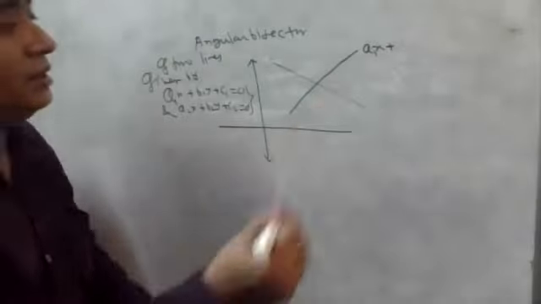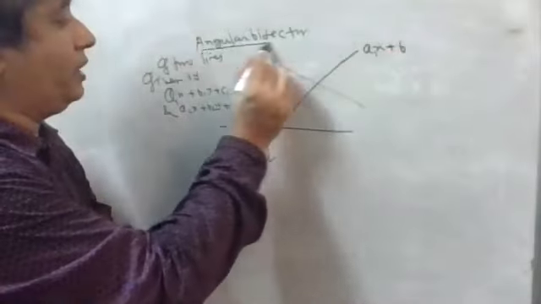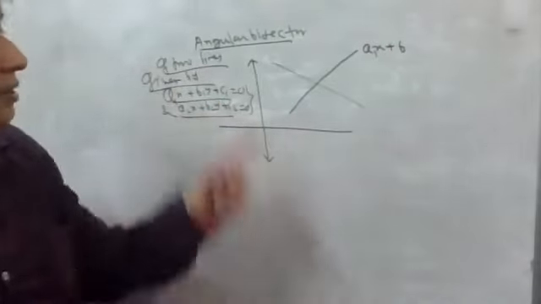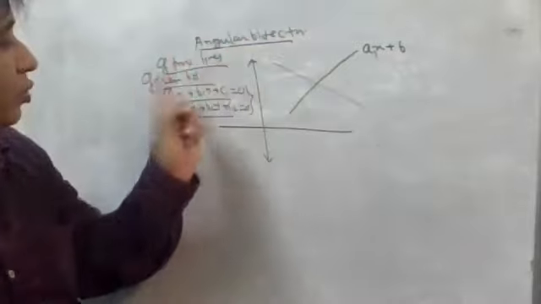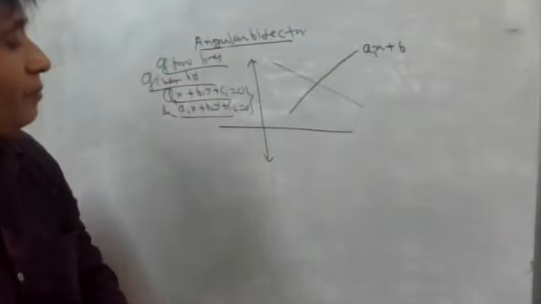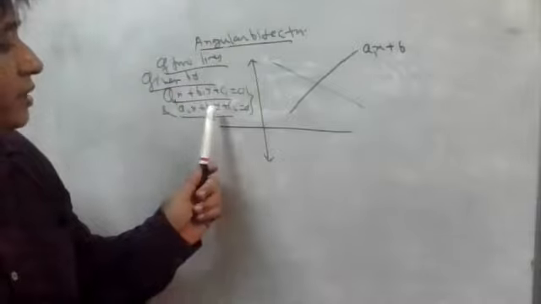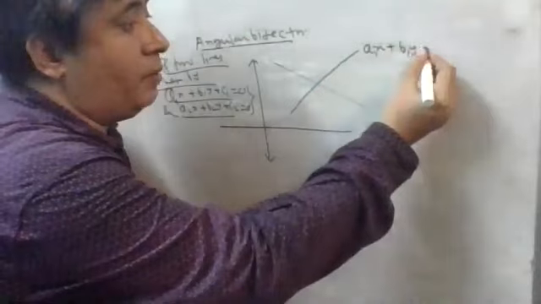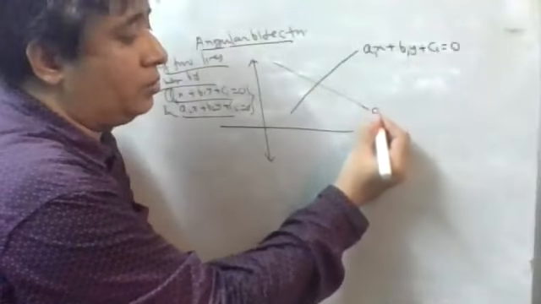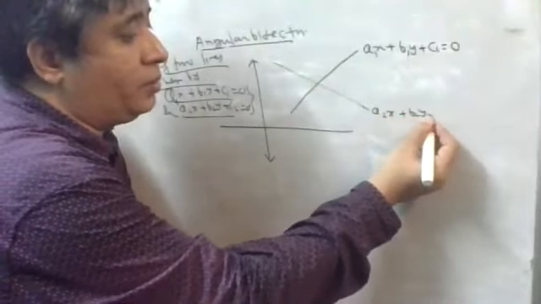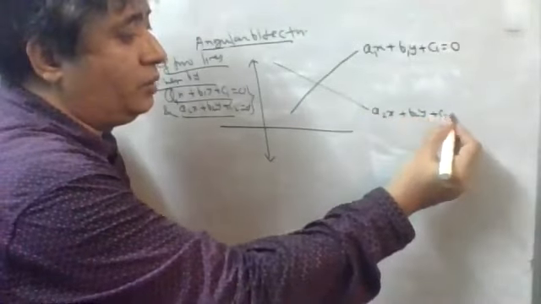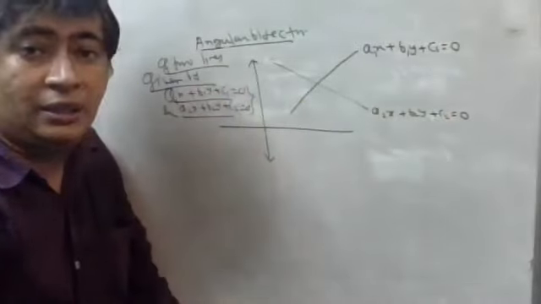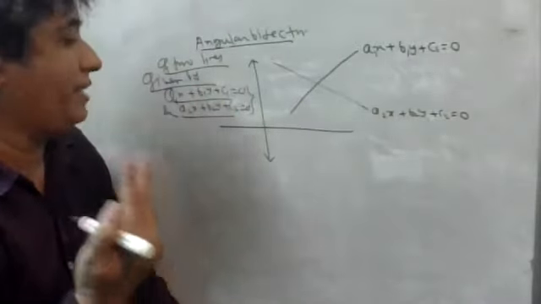This is the topic now: the angular bisector of two lines given by a1x plus b1y plus c1 is equal to 0 and a2x plus b2y plus c2 is equal to 0. Now see, in these two straight lines, we will get two types of bisector.